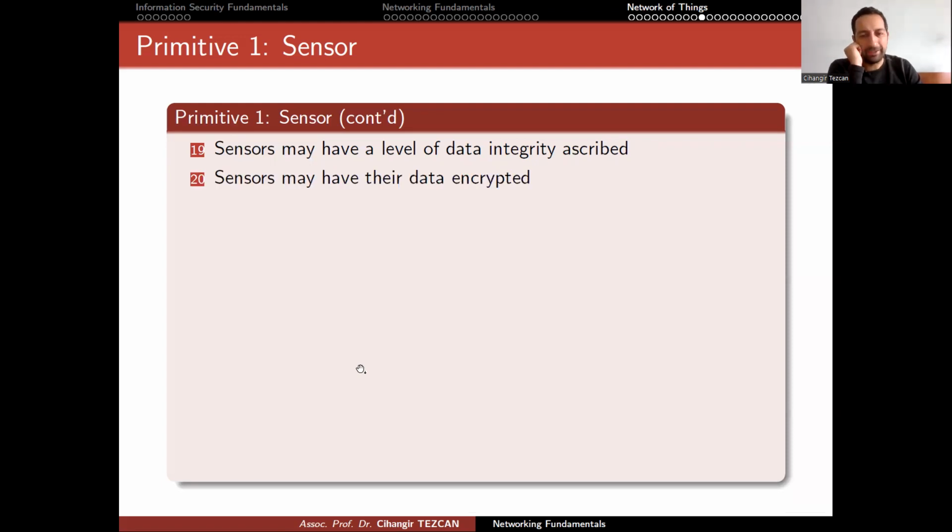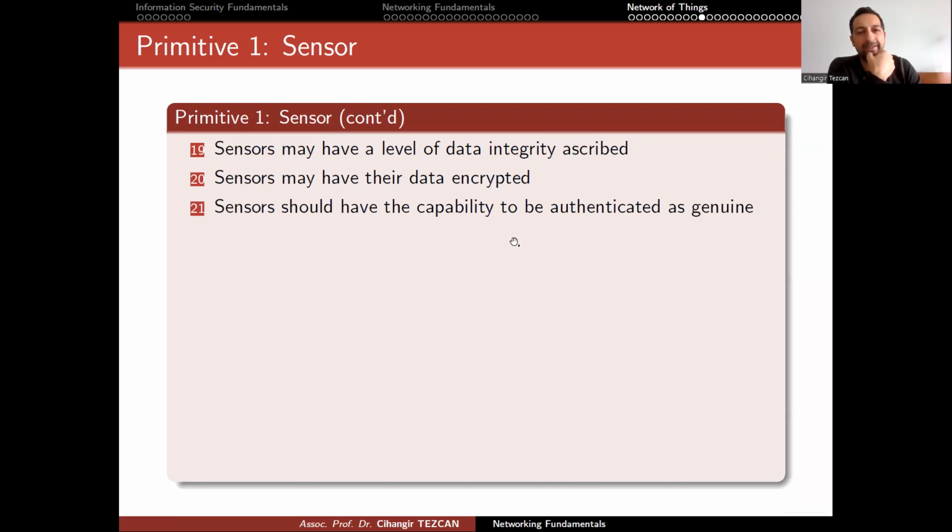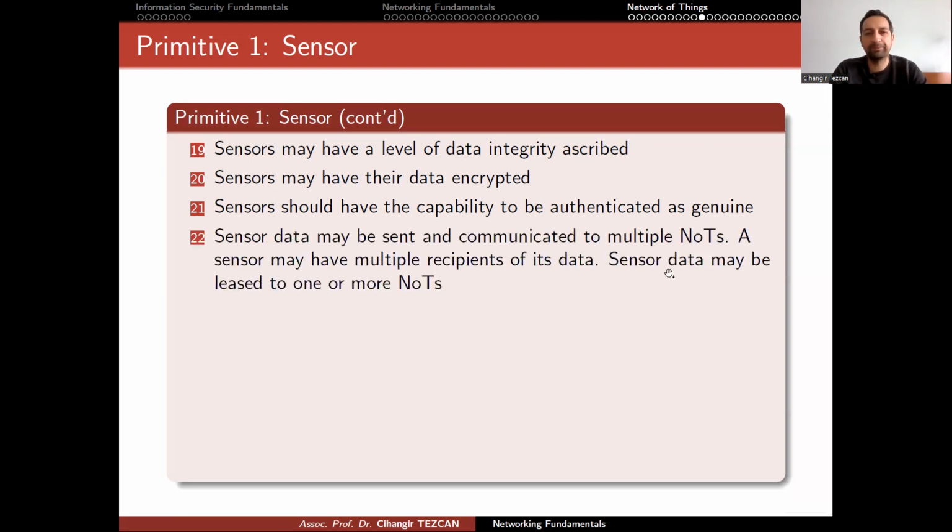Sensors may have their data encrypted if that sensor has enough capability. Sensors should have the capability to be authenticated as genuine. This is important because if this is not possible, malicious people can add sensors to the network which provide flawed data, and this will poison your data.